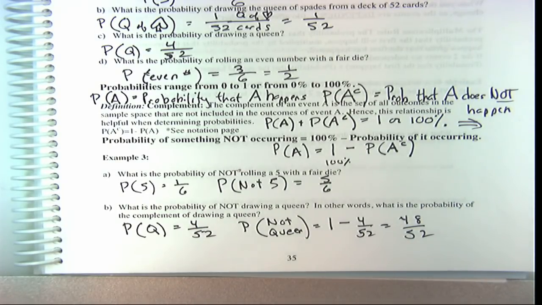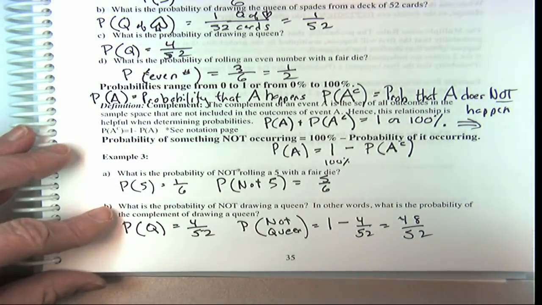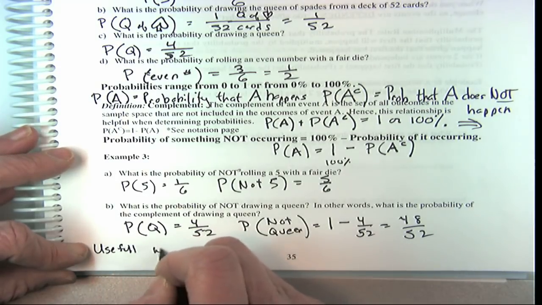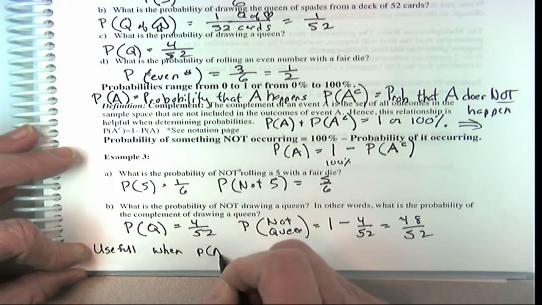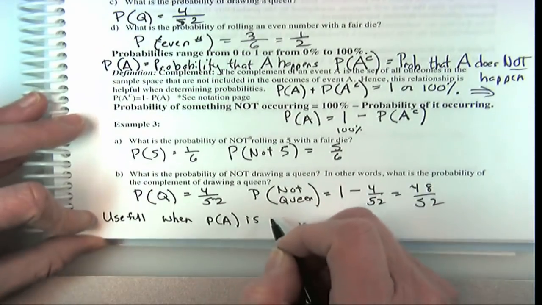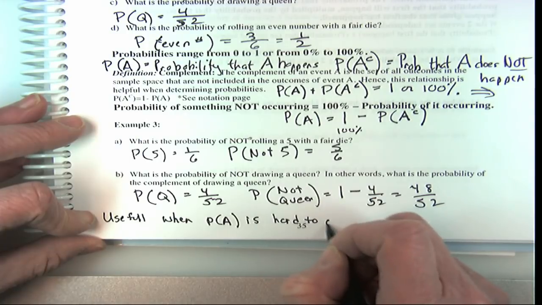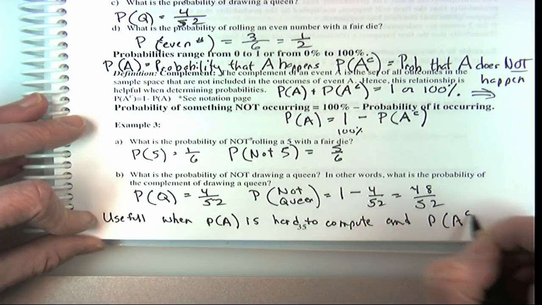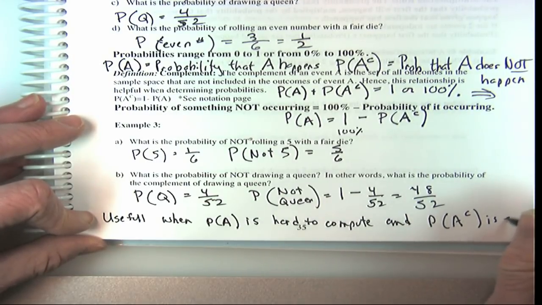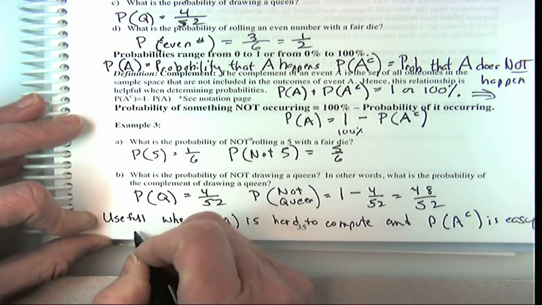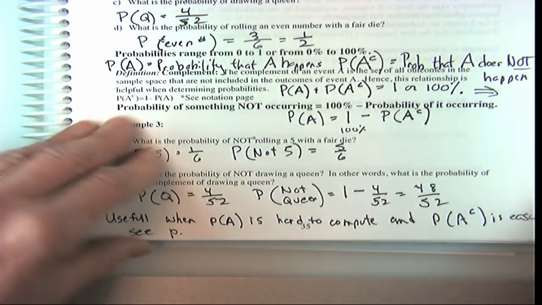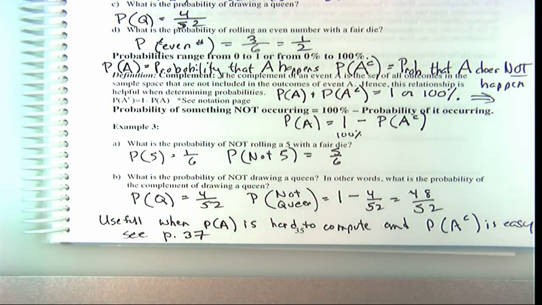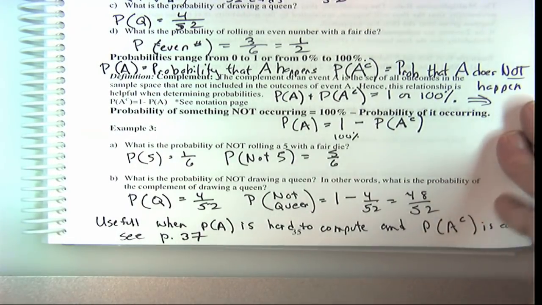It's useful when the probability of A is hard to compute and the probability of A complement is easy. We're going to see 2 classic examples of that on page 37. Okay? Any questions so far?